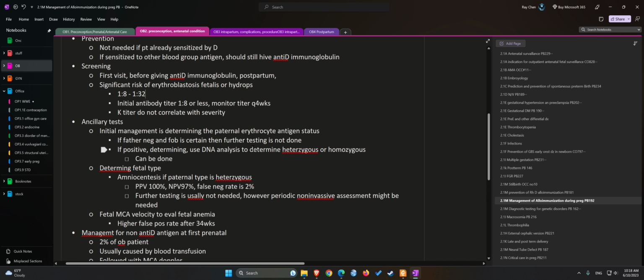If the father is antigen positive, then we need to determine whether the father is heterozygous or homozygous by using DNA analysis.